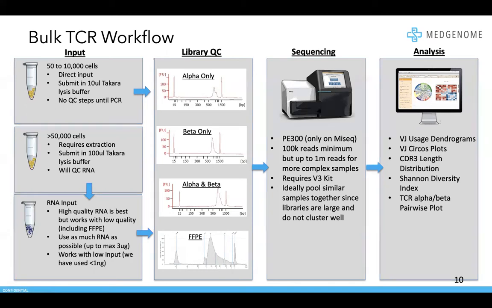Whereas other types of libraries, your typical RNA-seq, amplicon libraries, are pretty straightforward. They generally cluster extremely well. So if you try to mix these together with smaller libraries, you'll get data, but you may not get the targeted amount of data. So it can be done, but it should be done only as needed.